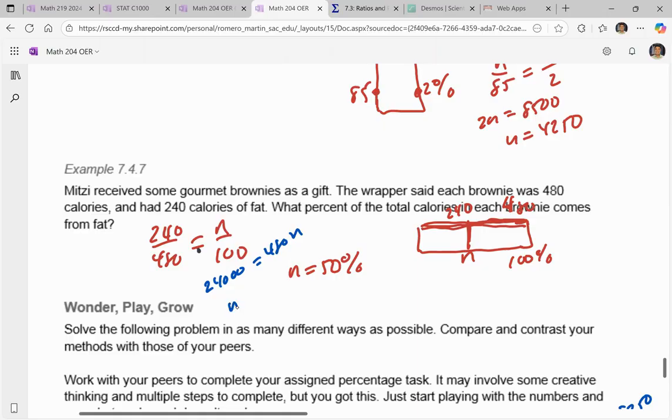And then when you divide that, you get n equals 50, or 50%. We could have also set it up in a picture over here, where the whole 100% is 480, n is what percent, out of 240. And then you still have that setup that we had before, cross multiply and solve.